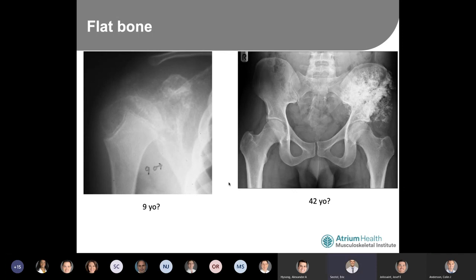But I would say decreased bone density throughout the glenoid, with potentially a small soft tissue component adjacent to it, kind of superiorly, just superior to the humeral head.